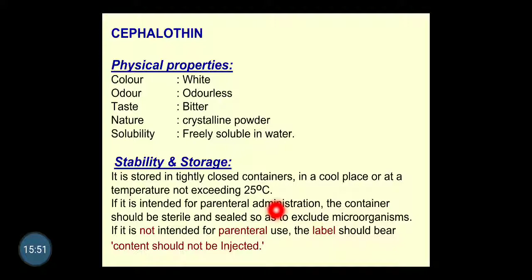If it is not for parenteral use, it should be mentioned that it is not to be injected, because it means no sterility parameter has been followed and it is riskier to inject. That is how the labeling instruction makes clear whether it is to be injected or not.